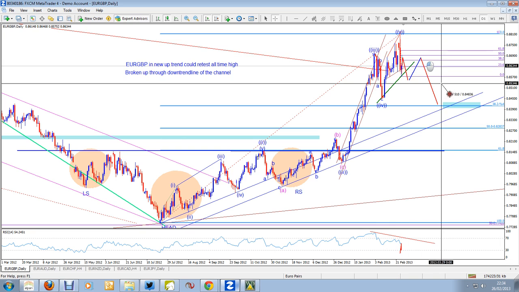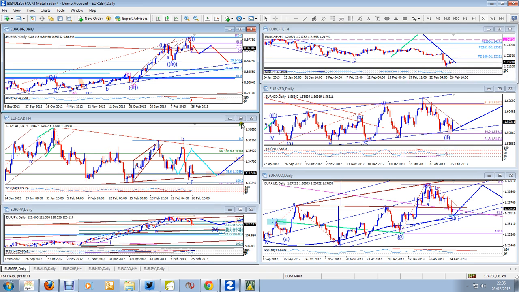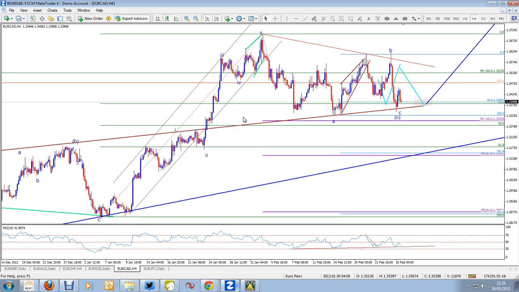If this is 1, then this might be 2. If this is A, then that might be wave B, and then we'll be looking for euro to resume the momentum to the upside. So for the time being, we're expecting euro to be weak, and in that instance we will probably find euro will not give us the trade we were looking for that easily.